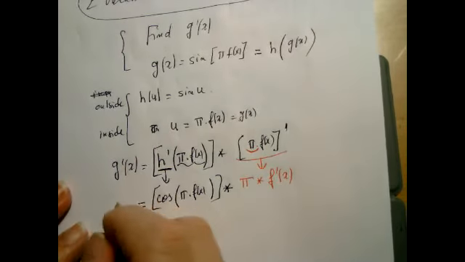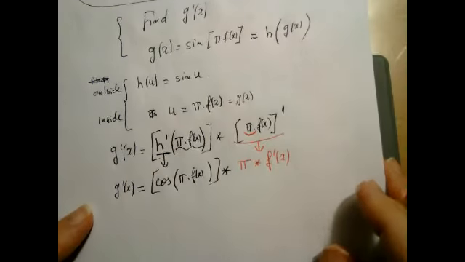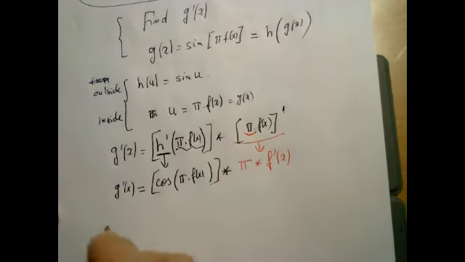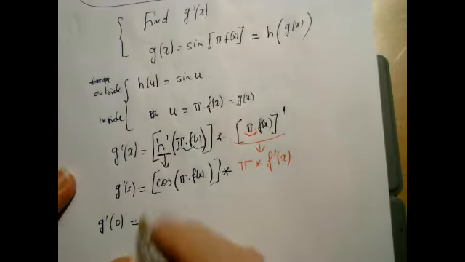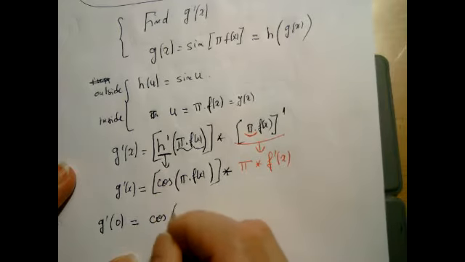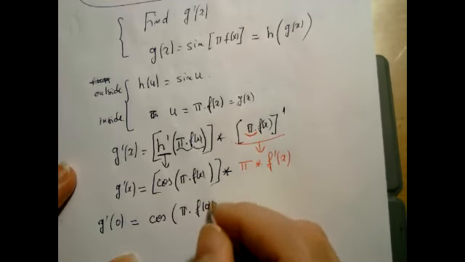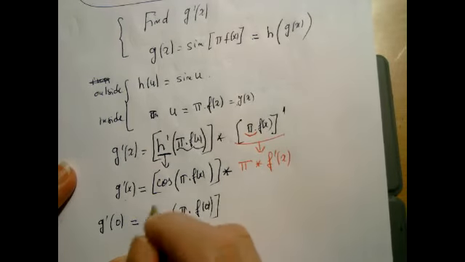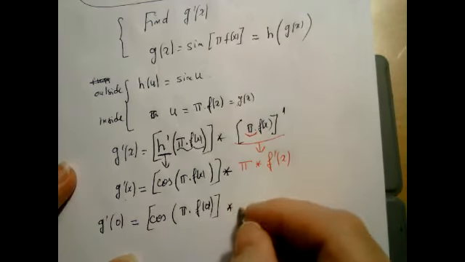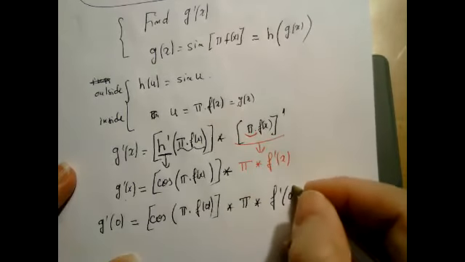Now I have a formula for g prime as a whole. Now I want to zoom in. I want g prime at 0. At this stage, I plug in 0 for x across the board. So it becomes cosine of pi times f of 0, multiplied by pi times f prime at 0.